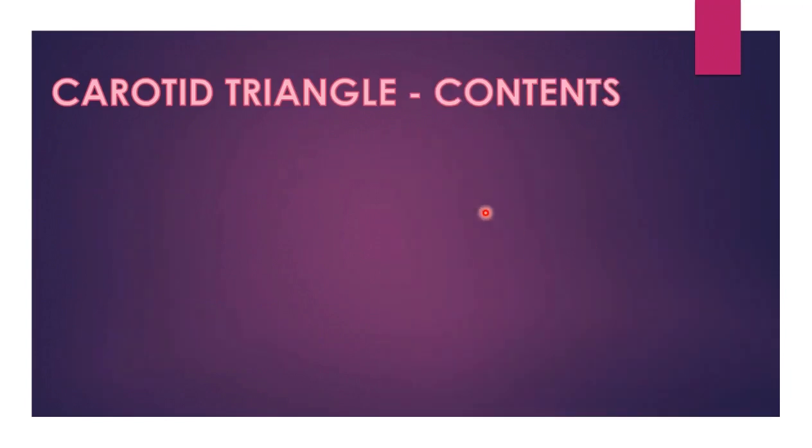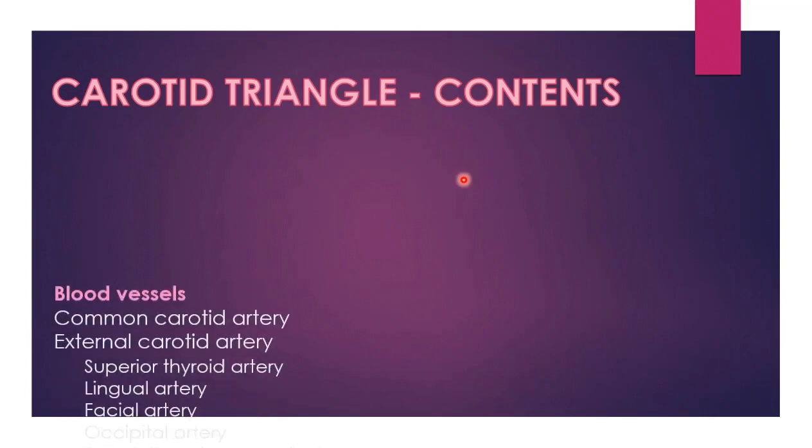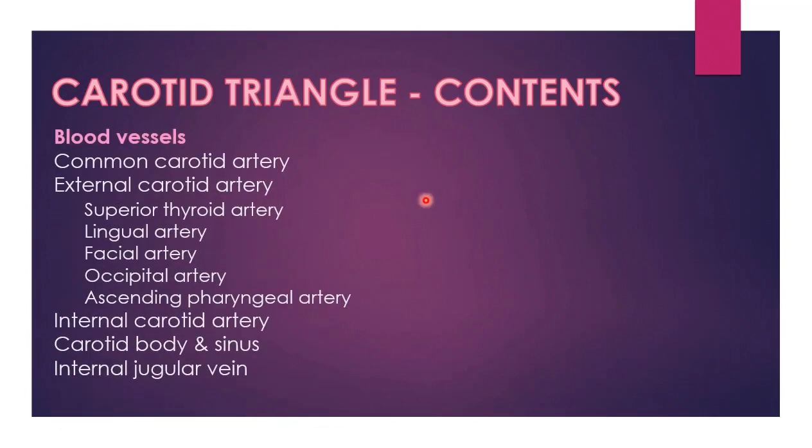Now, coming to the list of the contents of the triangle. Mainly the blood vessels, you see common carotid artery, external carotid artery and internal carotid artery, which are the two terminal divisions of the common carotid artery.